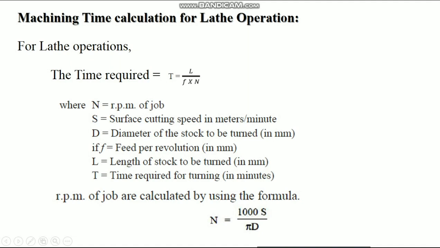L is the length of stock to be turned. T is the time required for turning in minutes. RPM of the job is calculated by using the formula N equals 1000 S by pi D.